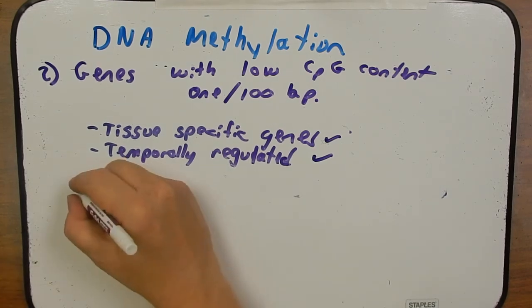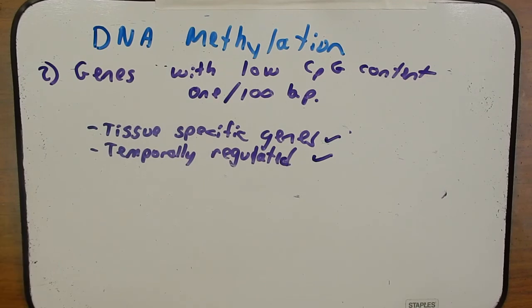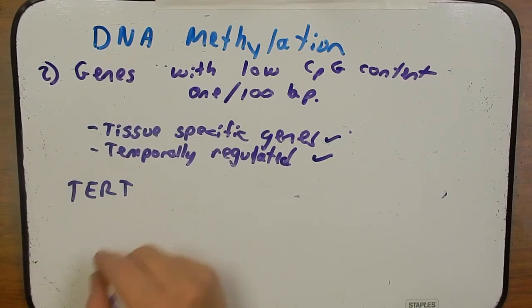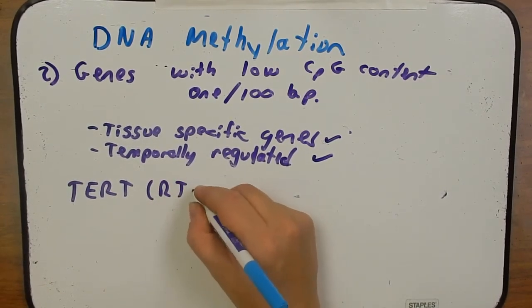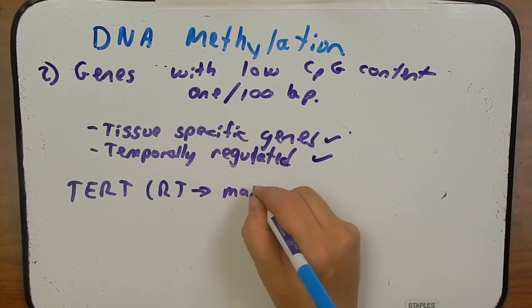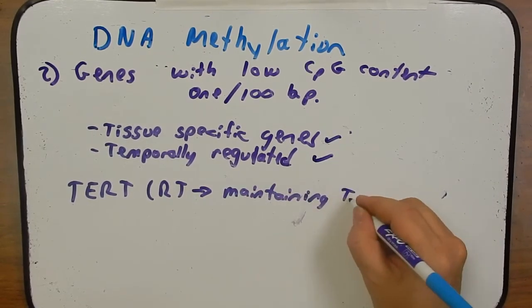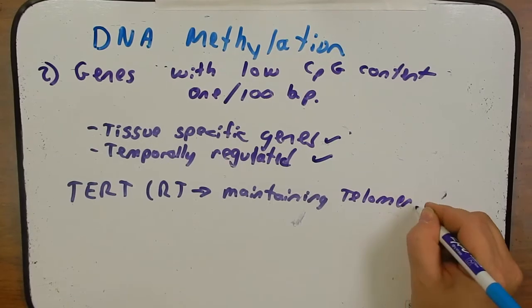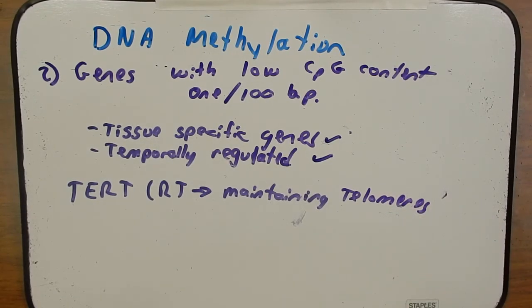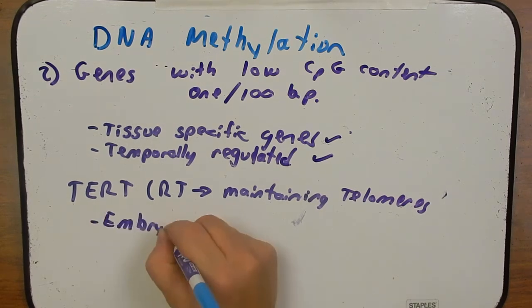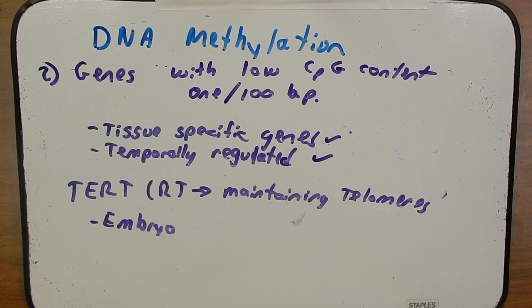Another example is that of the gene called TERT. It encodes a reverse transcriptase that's important in maintaining telomeres, the ends of chromosomes. Now, these ends of chromosomes, just to remind you, are sequences that help stabilize the very ends of the chromosomes, so they stay a constant length and they don't begin to destabilize. Telomeres are very important in the embryo, and so TERT is expressed in the embryo.